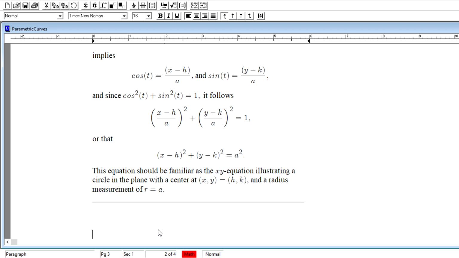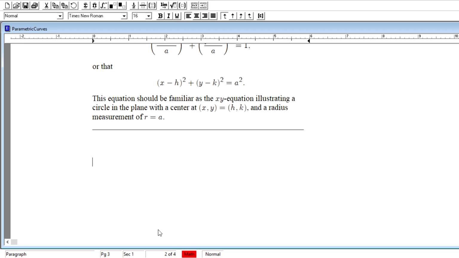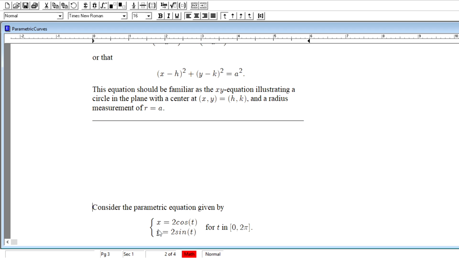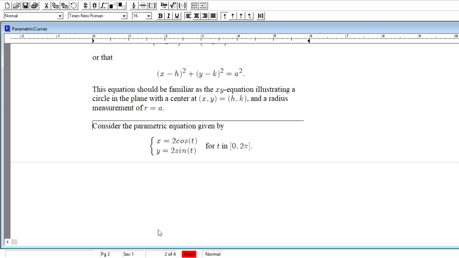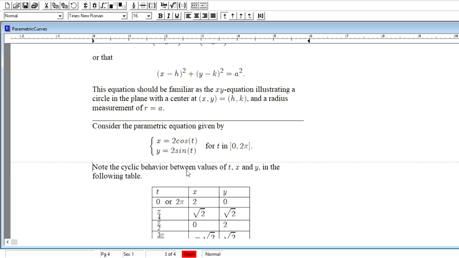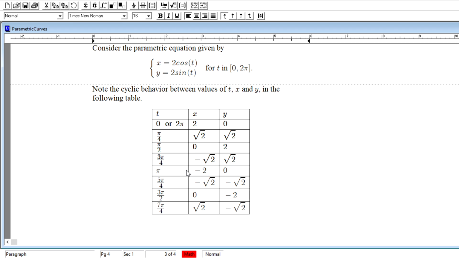If we were to look at a specific example, we might consider the parametric equations given by x equal to 2 cosine t, y equal to 2 sine t, for values of t in the closed interval from 0 to 2 pi. If we were to look at this behavior in a table, we would see that circular behavior appear in a table.